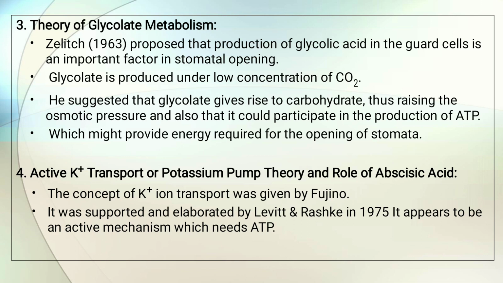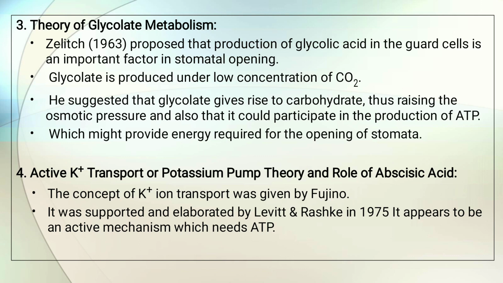The closure mechanism involves the participation of an inhibitory hormone, abscisic acid, which functions in the presence of CO2. In the dark, abscisic acid inhibits the potassium ion uptake by changing the diffusion and permeability of guard cells. The potassium ion moves out to the subsidiary cells.